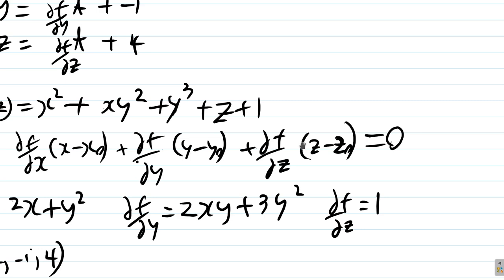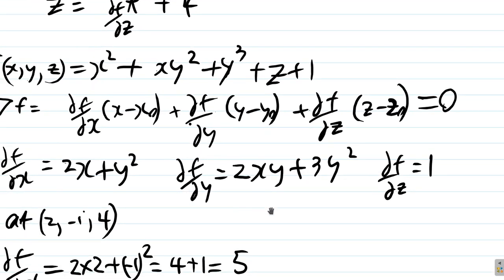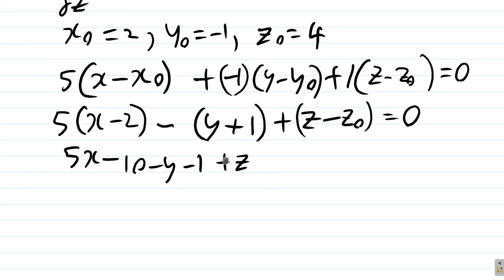When you draw a vector on the tangent plane, it will be parallel to that point on the point of tangency. So the difference between the gradient of the tangent and the gradient at that point will be 0. So we say equals 0, right? Plus z minus z naught, which is 4, equals 0.